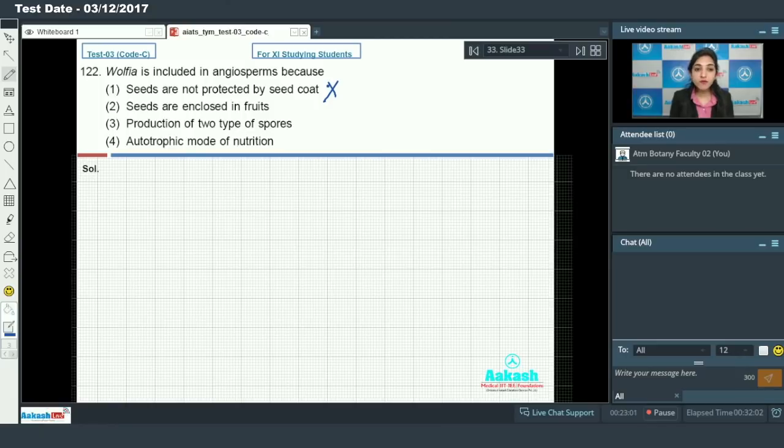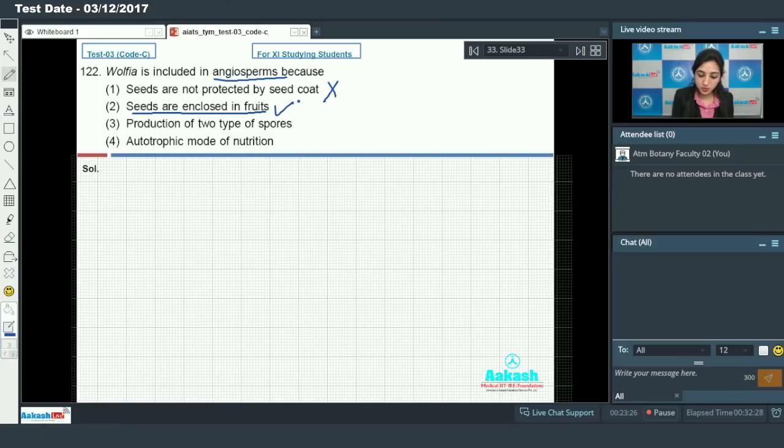Seeds are enclosed in fruits. This is true. This is the feature of angiosperms. And Wolfia के पास ऐसी seeds हैं जो fruit के अंदर enclosed हैं. So this is one of the reasons that why Wolfia is included in angiosperms.